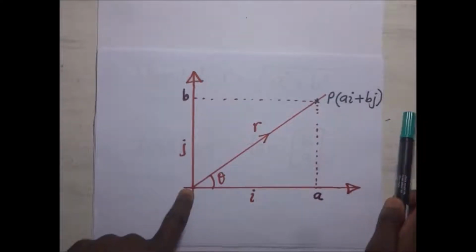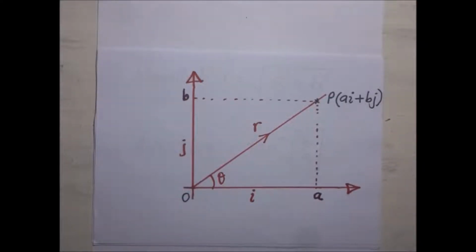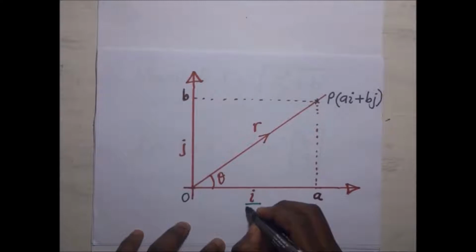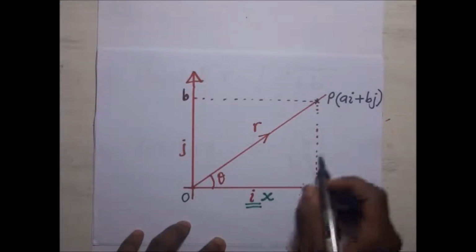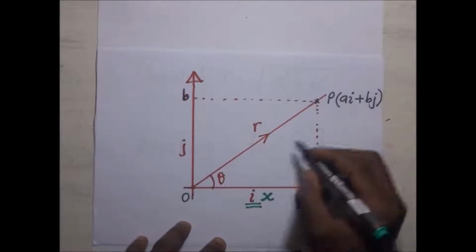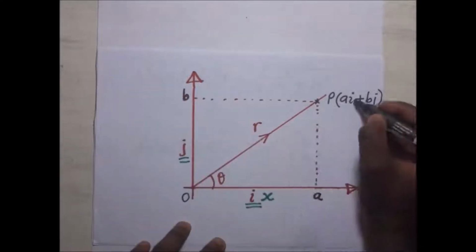And in this case, when we are using the ij notation, the i denotes for x, how many steps you have to make in the x direction, then the j stands for the y.